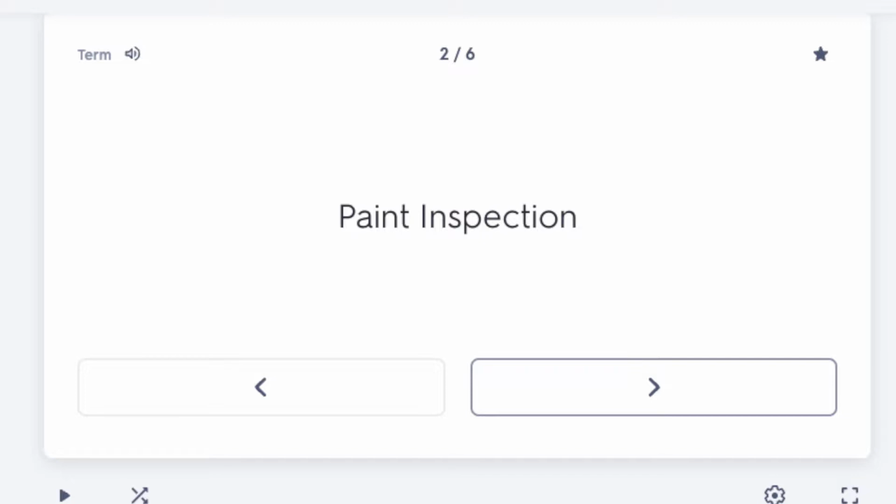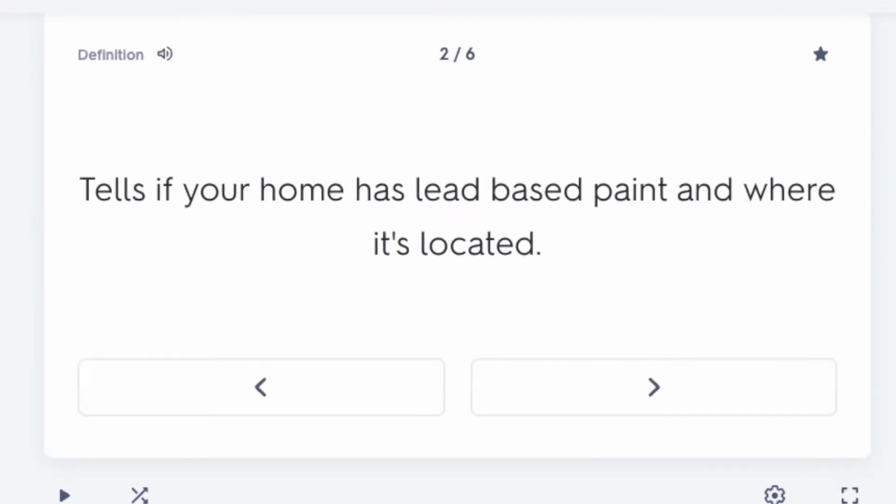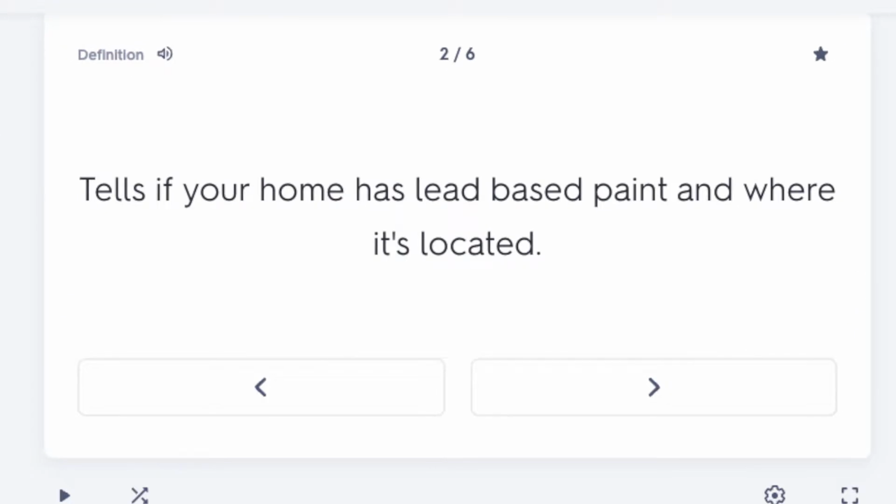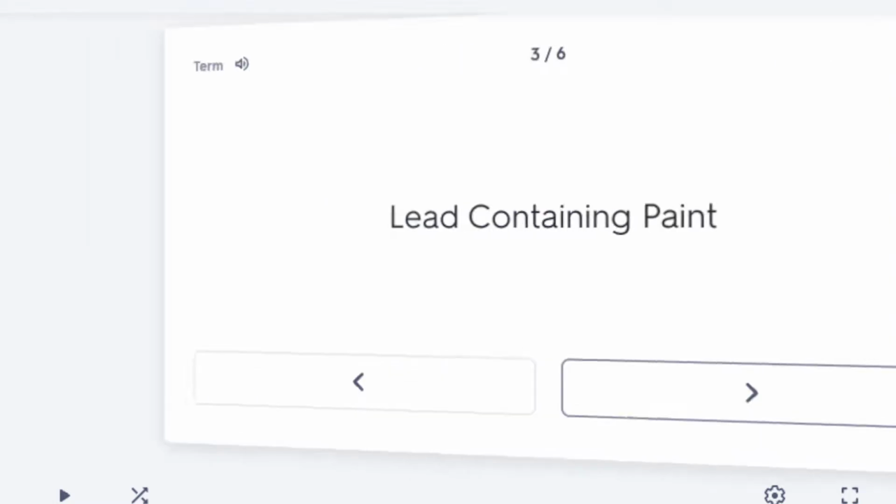What about a paint inspection? A paint inspection tells if your home has lead-based paint and where it's located. Could you see these on the real estate exam? Absolutely. So paint inspection, again, it's going to tell if your home has lead-based paint and where it's located.